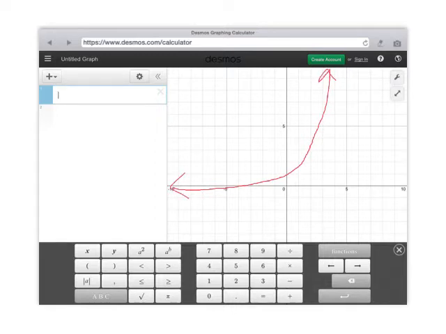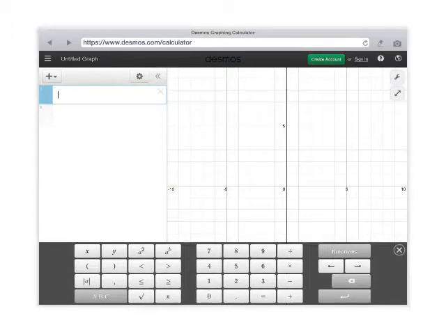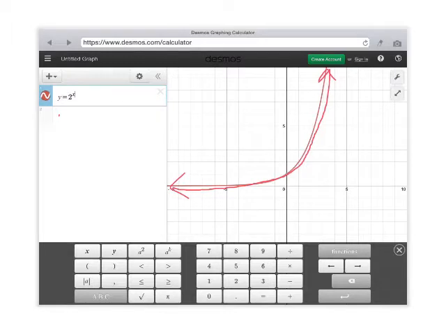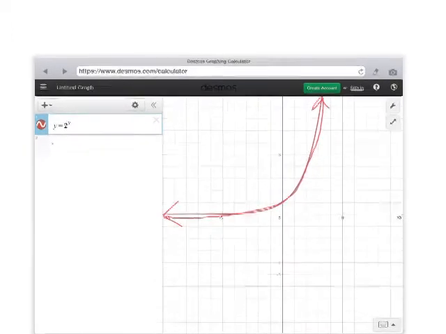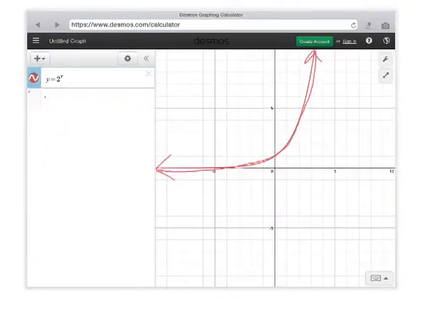And now we're going to type in another one. Down here, you want to type y equals, let me use blue, y equals 2, and then you can do the caret, and then it'll be x plus 3.